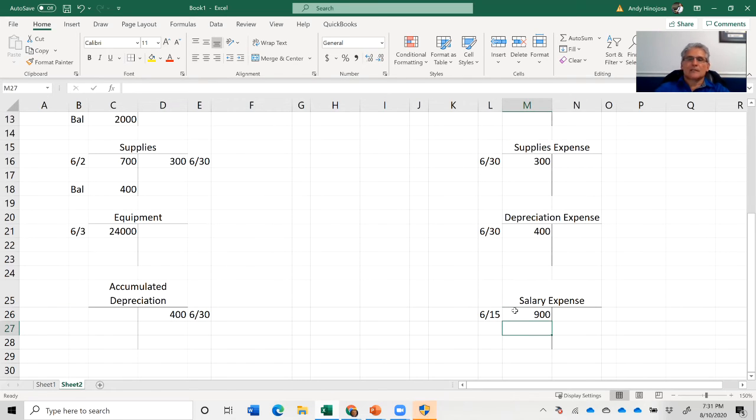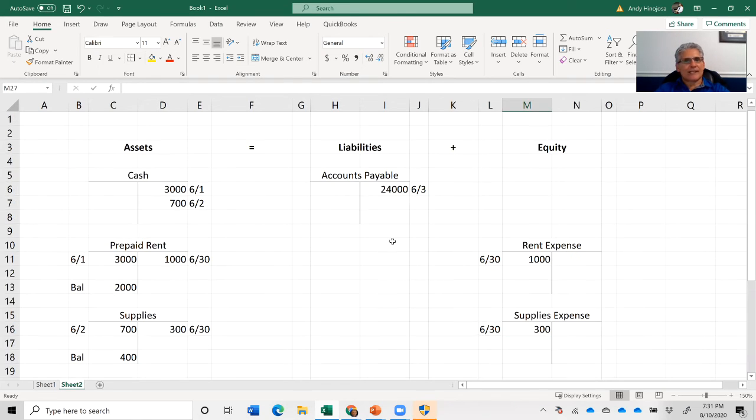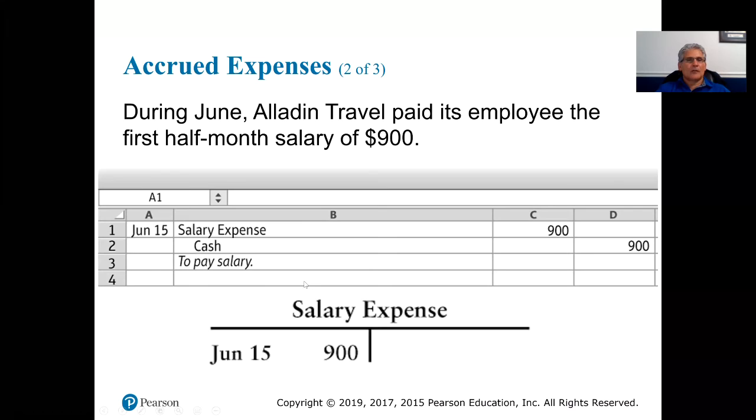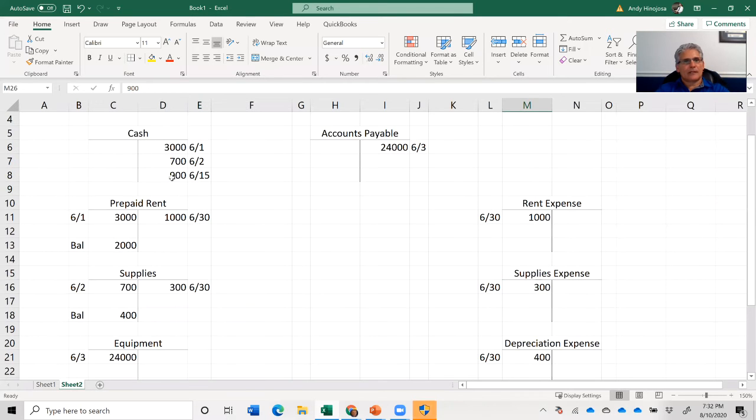There's my debit to salary expense. The corresponding credit was to cash. Well, we paid it on the 15th, so we're going to record a credit to cash for $900. Now that's consistent with the journal entry we have here: debit to salary expense, $900, and a credit to cash for $900. That's what we booked, debit and credit.